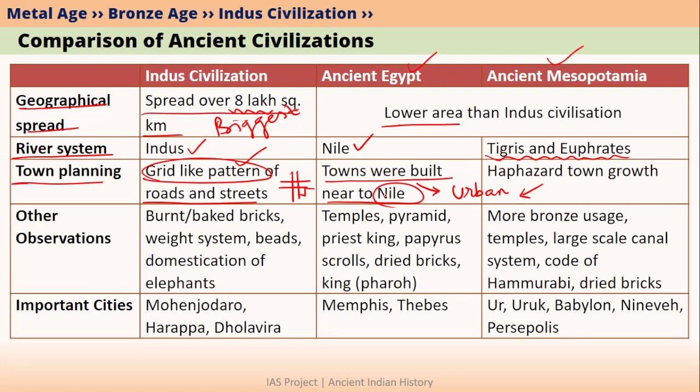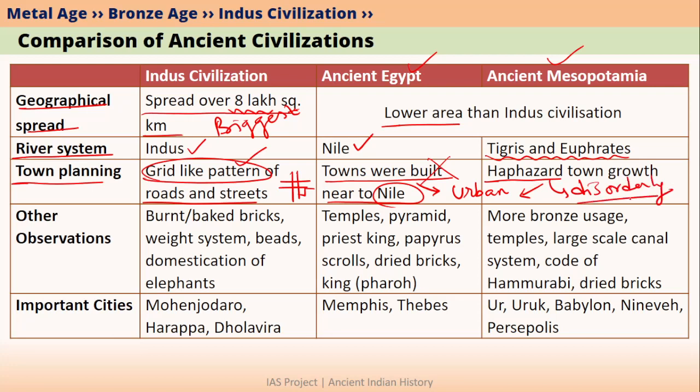That is why the important building criteria for them was to build the towns and the houses very near to the Nile River. So the grid-like plan of Indus civilization was largely absent here. Similarly, in Mesopotamia also, the town growth was in a haphazard manner, which simply means a disorderly manner.